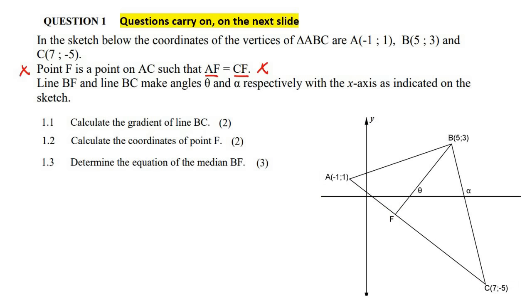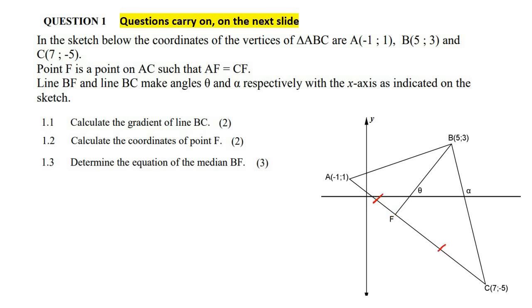Because we can clearly see that F doesn't look like it's in the middle of this line. But remember, diagrams are not necessarily drawn to scale, and so here is a clear example of that. So we need to remember, even though it doesn't look like it, AF is going to have the same length as CF, because that's what they tell us over there. That's important that you understand that. Even though it doesn't look like it, they've told us that it is.